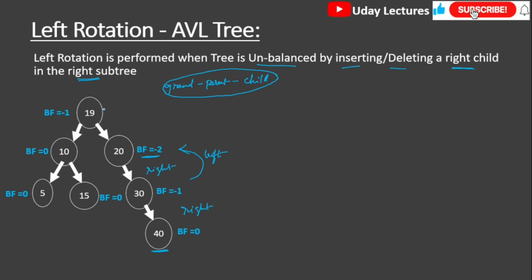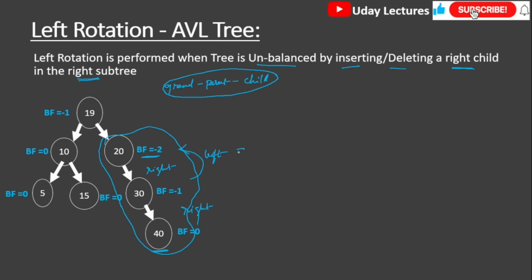So we will be performing it only between these, because this is the child node which is inserted, and because of this the balance factor is impacted right here. We cannot consider 19 for this rotation operation because the grandparent of 40 is 20 and it is not 19, and that is why we will be performing left rotation only between these three nodes.